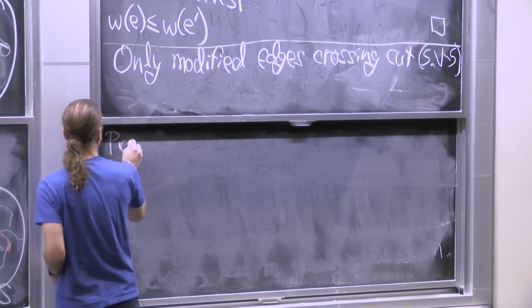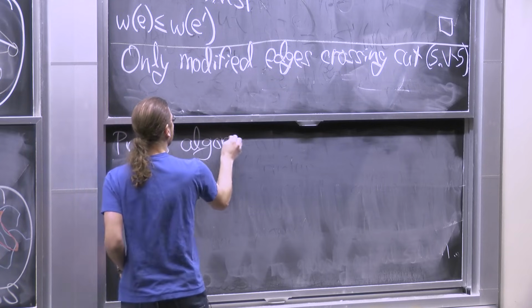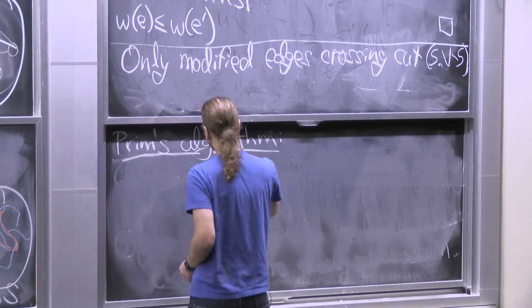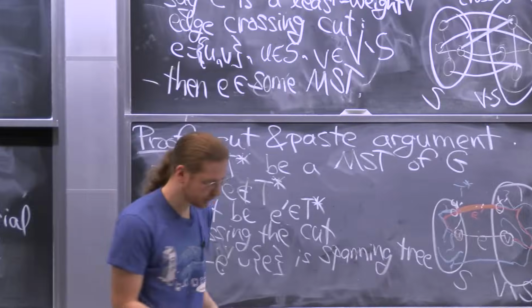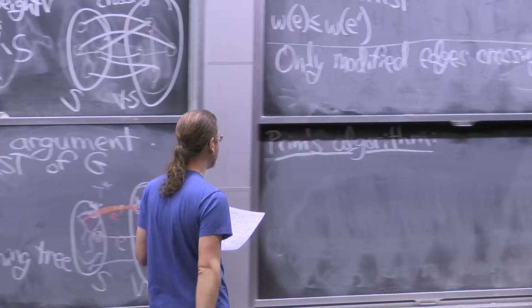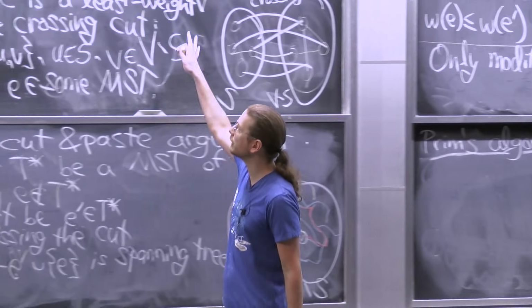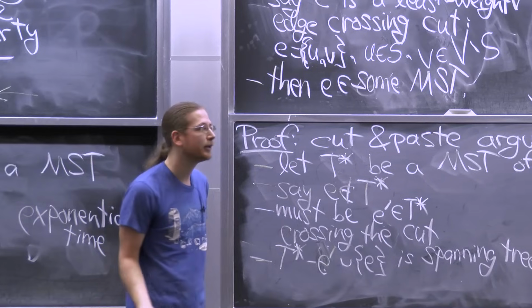This is Prim's algorithm. Maybe I'll start by writing down the algorithm. It's a little long. In general, the idea, we want to apply this greedy choice property. To apply the greedy choice property, you need to choose a cut.